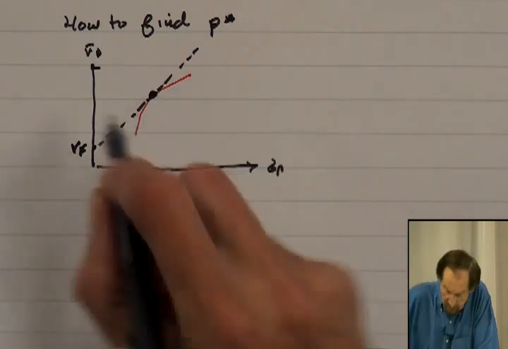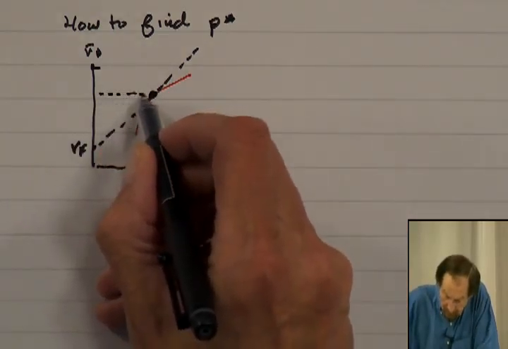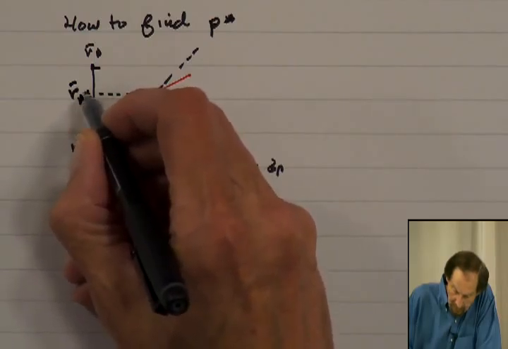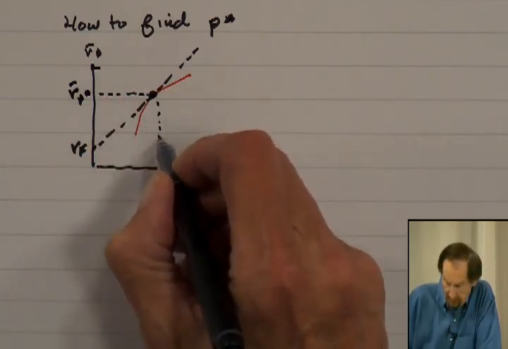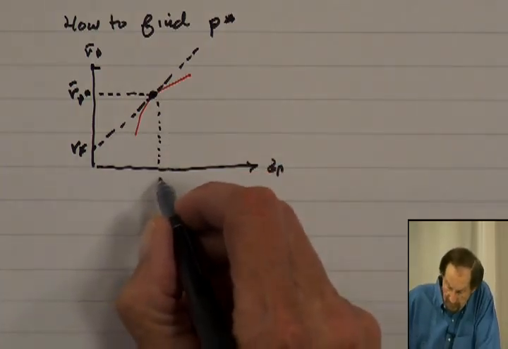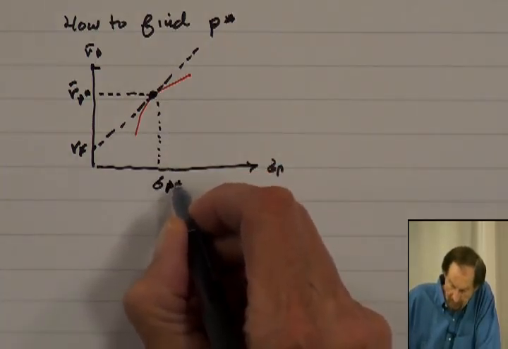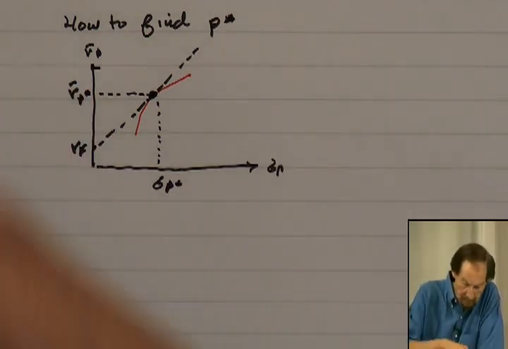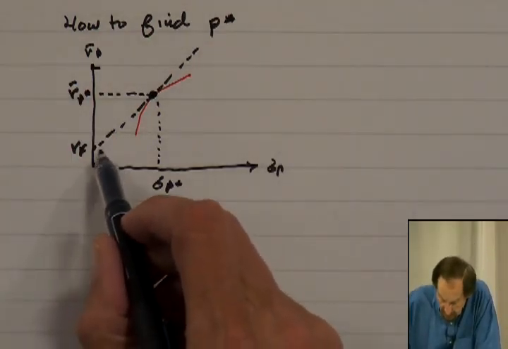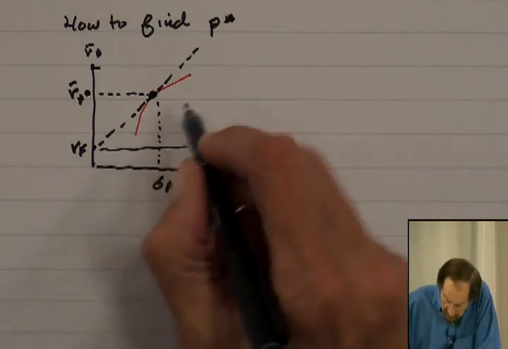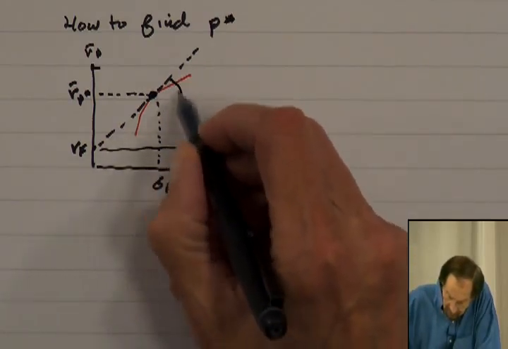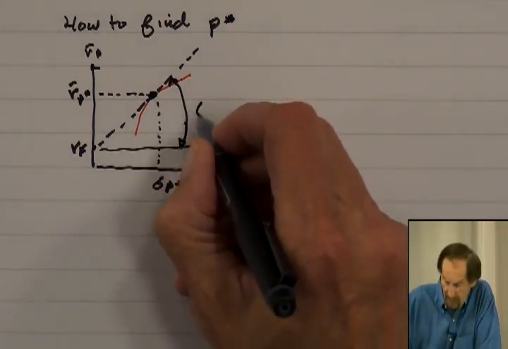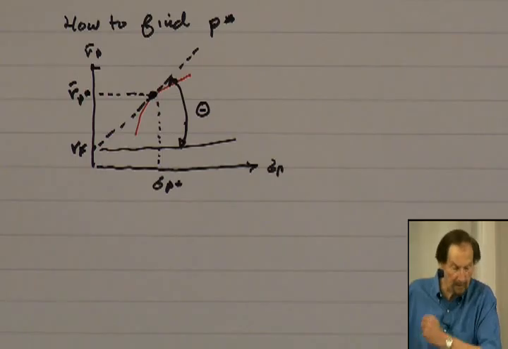We'll call this point R bar P star, and this is sigma P star. Okay, now what do we have here? If you look at this angle here, that is angle theta.